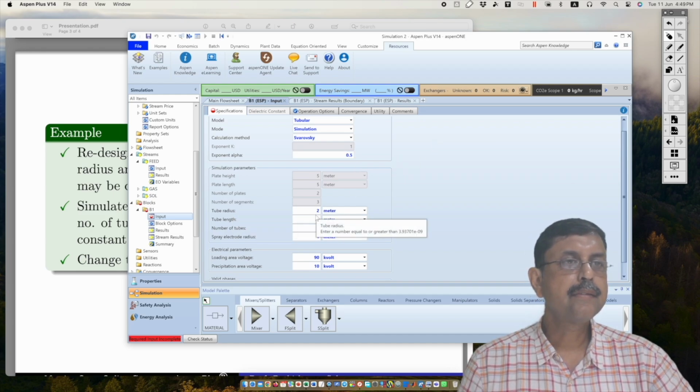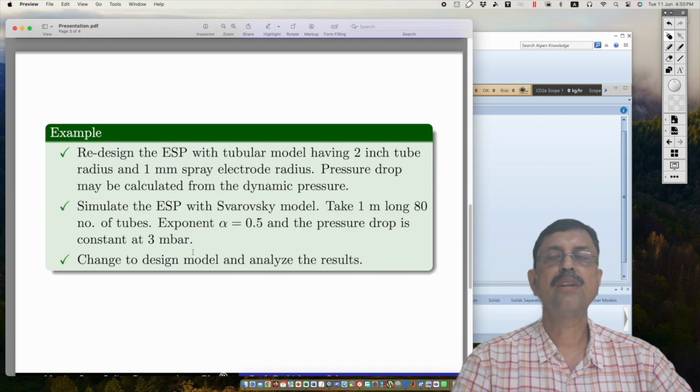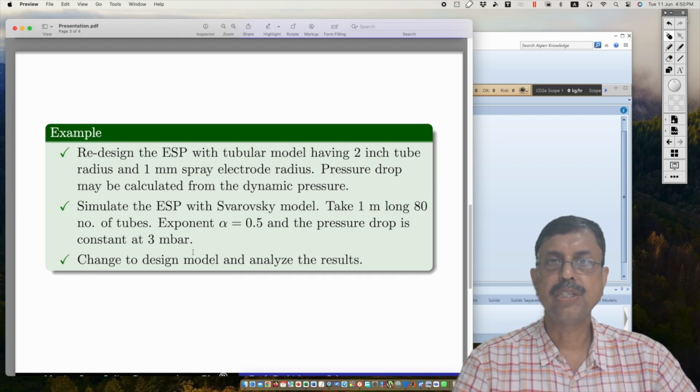Tube radius and tube length. So tube radius actually is 2 inch and spray electrode radius is 1 millimeter. But the new information is 1 meter long and 80 number of tubes. We are fixing the number of tubes because it is a simulation problem.